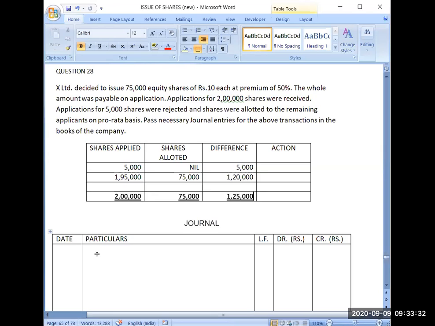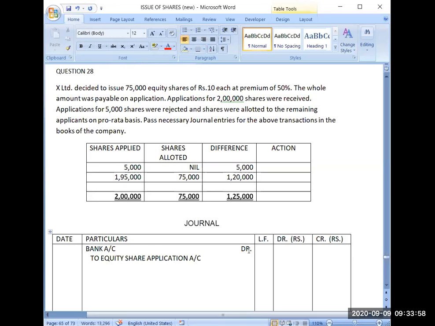So first amount, now tell me the first journal entry. Bank account debit to equity share application account.